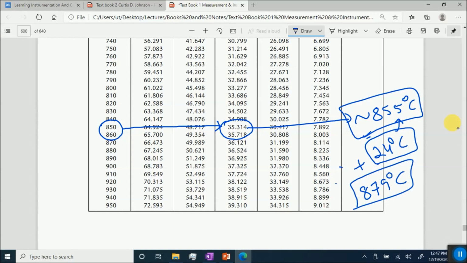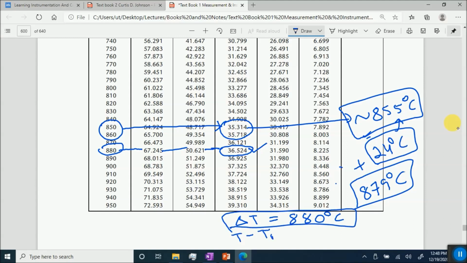Let's find out. So here we can see 880 degrees, and we can see that 36.5 millivolts are produced if the delta T is equal to 880 degrees Celsius, right? Delta T is T minus TR, and your TR was at 0 degrees for this table.